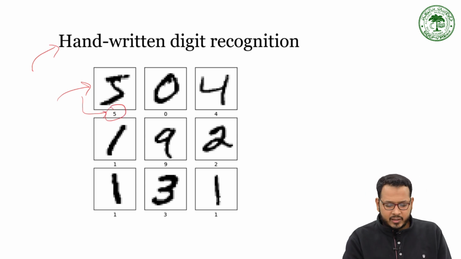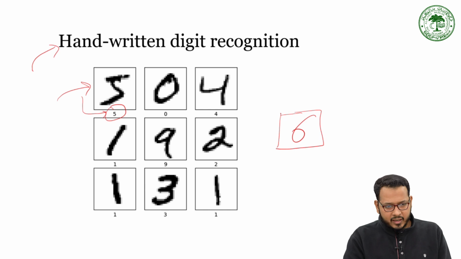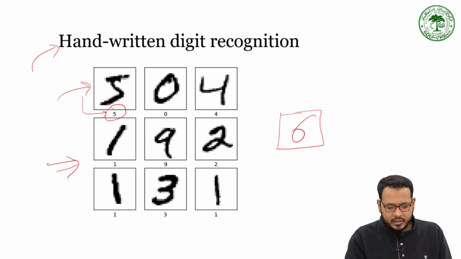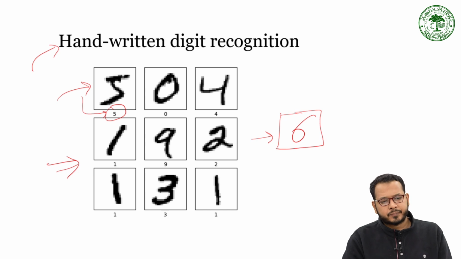Now the objective here is that given a new image of a digit written by a human, let's say it is a 6, can our system, given the existing training data set, identify what this image is, whether it is a 6 or 7 or any other digit?